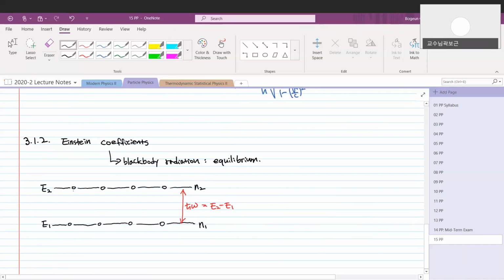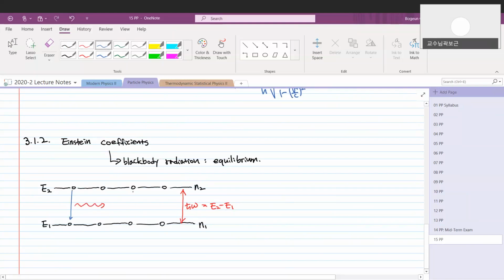Then atoms can go down, and photons can be produced in this case.